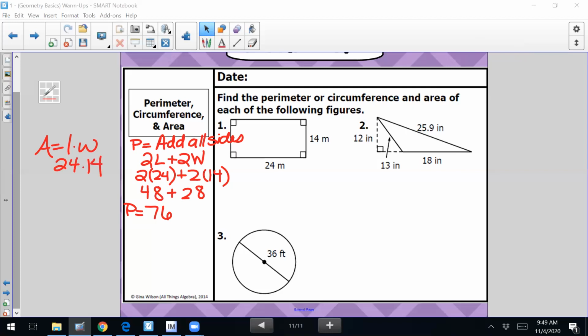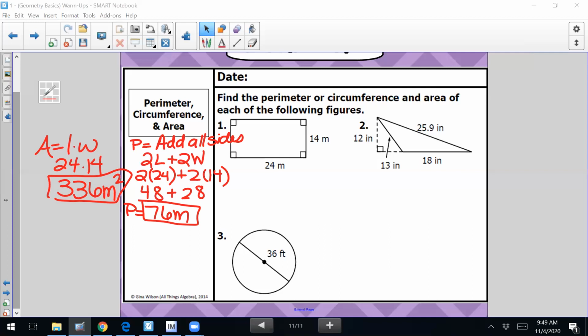What is 24 times 14? 336. We should be saying meters squared because area is squared, and the perimeter is just meters. The perimeter is just a measurement, so it's just in meters. Area would be meters squared.